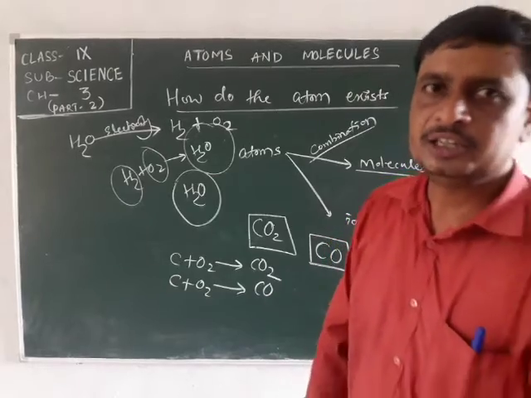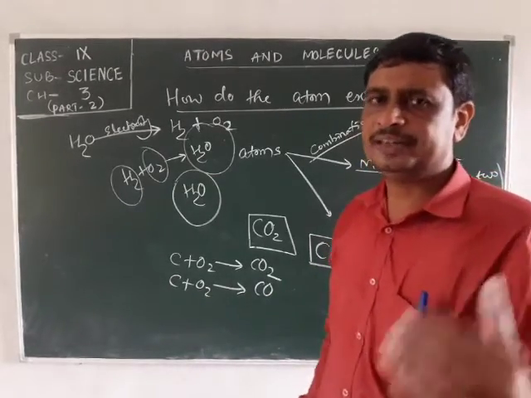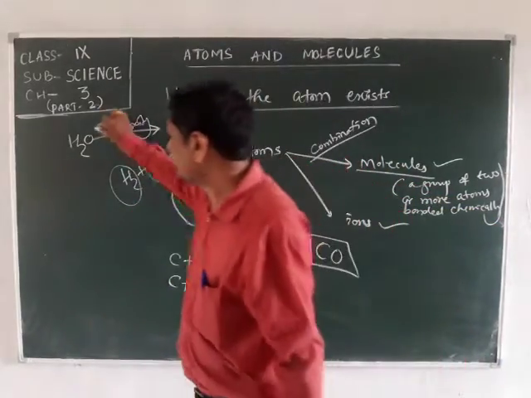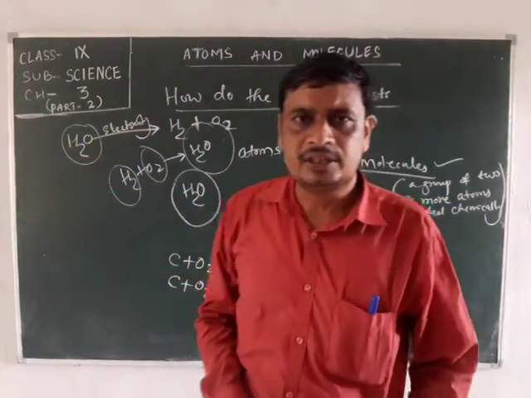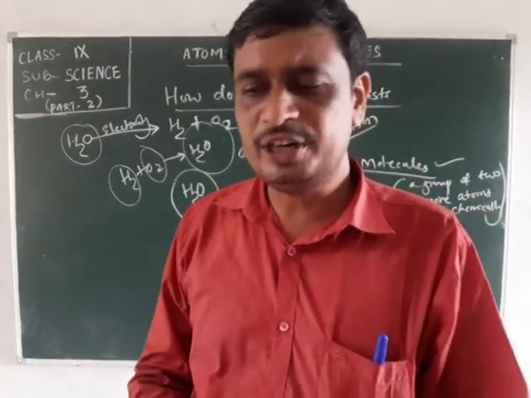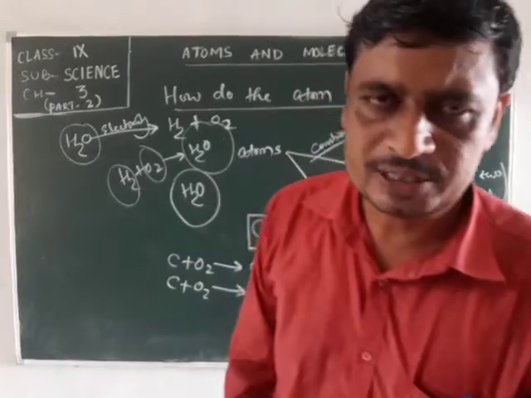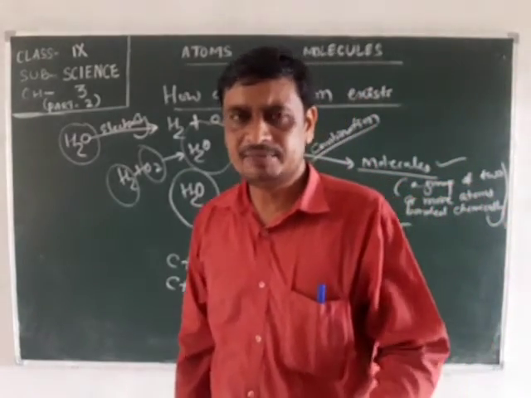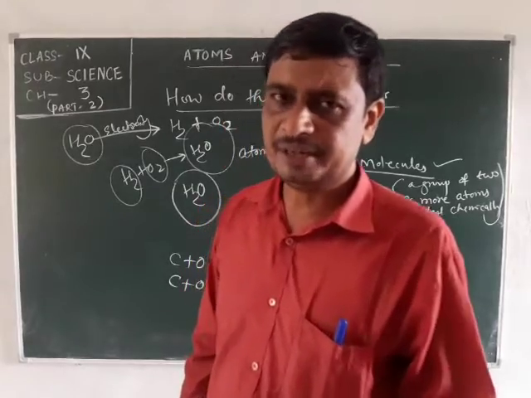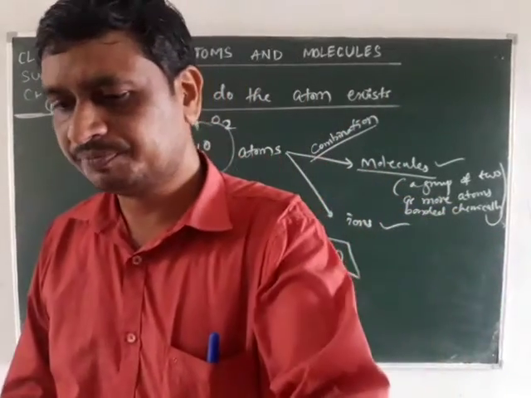So the last stage in which the properties of a compound are shown is the single molecule. The ultimate particle of that compound is its molecule. In molecular form, it will show the properties of the given compound, but when it is broken, the properties of the compound will not be shown.